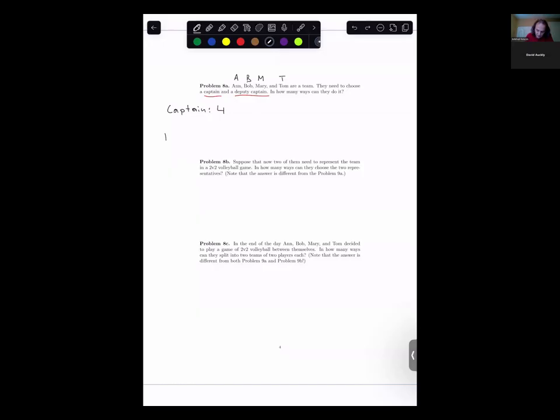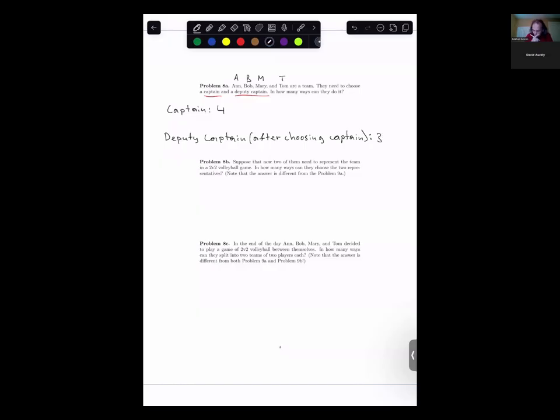how many choices do we have for the deputy captain? Three, exactly.